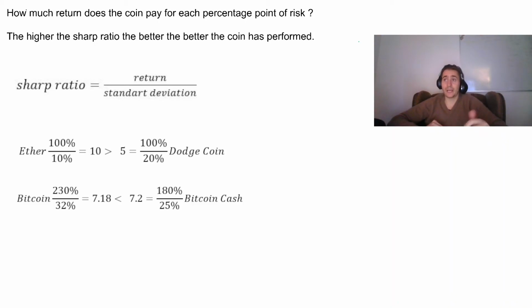Bitcoin Cash performed better than Bitcoin. Good. So the Sharpe ratio really helps us to compare the investments adjusted for the risk. So which investment really yielded the best profitability. And we saw earlier it makes sense to not only consider returns, but also consider the risk of an investment. Good, that was the video.